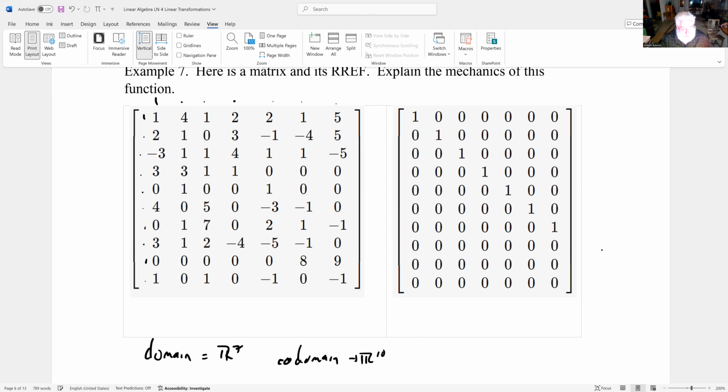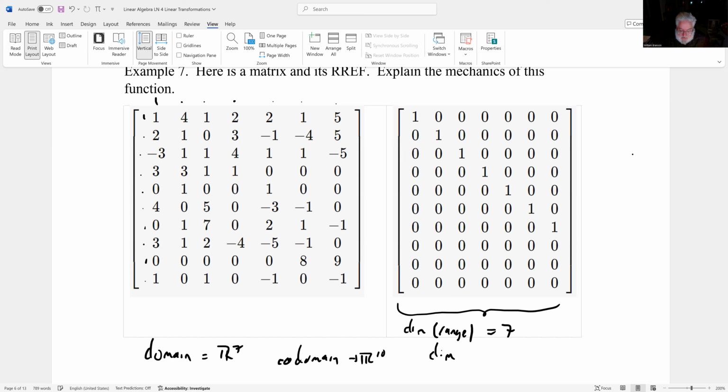So we're going from 7 dimensions to 10 dimensions. And what we see here is the dimension of the range equals 7. So what does it tell us about the dimension of the null space? Well, that has to be 0, right? Because there's no parameters there.